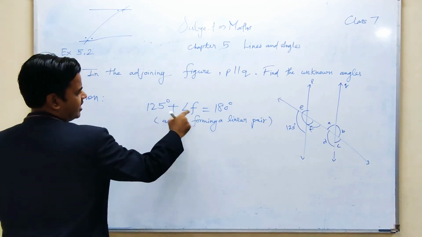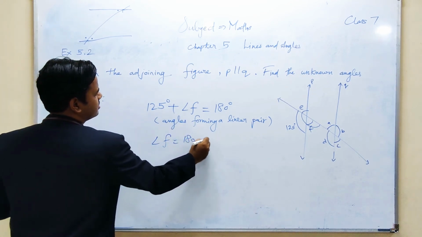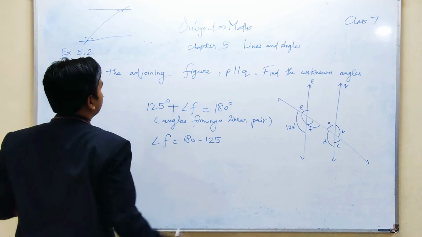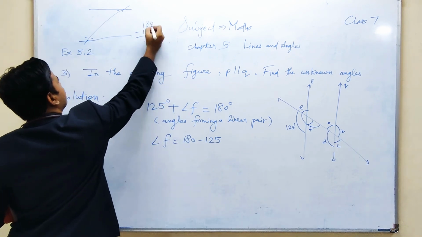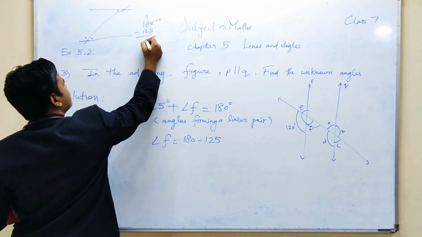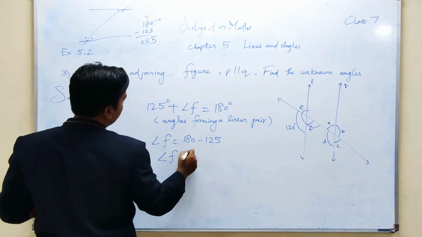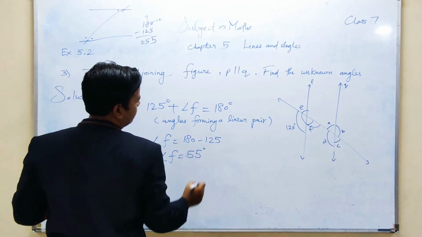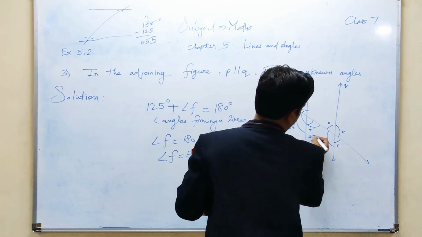So from this we can find out F. Angle F is equal to 180 minus 125. So 180 minus 125, this will become 7, this will become 10. 10 minus 5 is 5, 7 minus 2 is 5, 1 minus 1 is 0. So angle F is equal to 55 degree. So here we have got this as 55 degree.